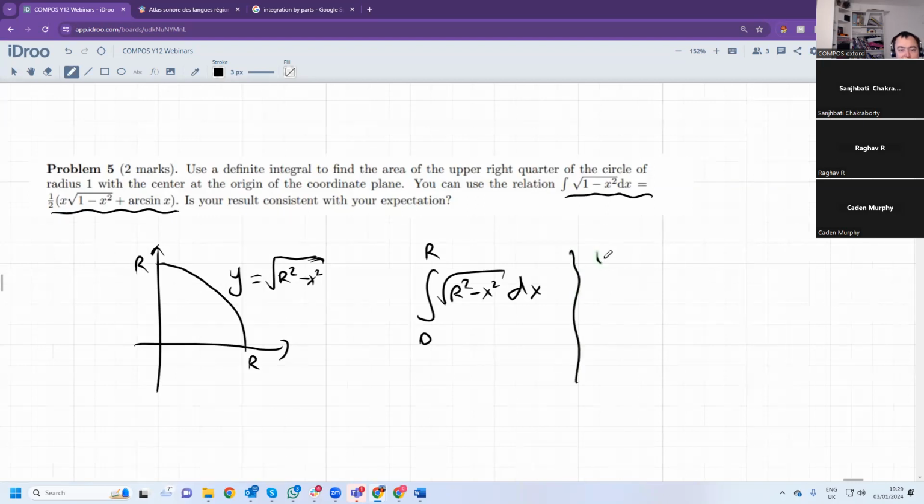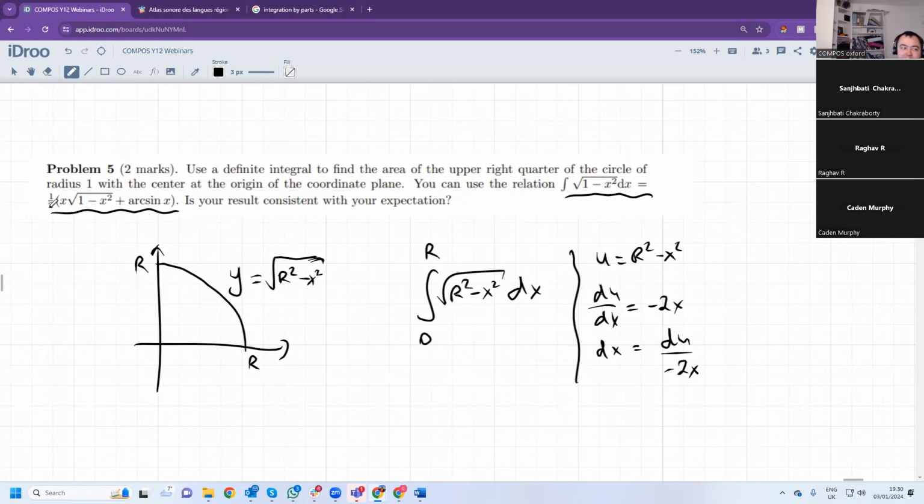So if you use a substitution, u equals r squared minus x squared, du over dx is minus 2x, dx is du over minus 2x. That doesn't take you anywhere. Yeah, you kind of need to use this.